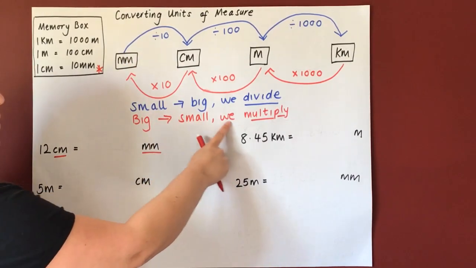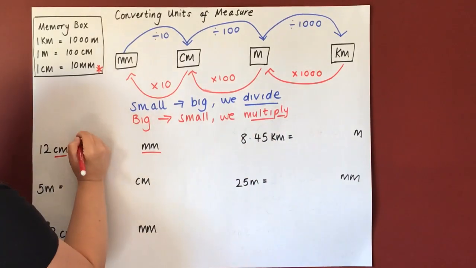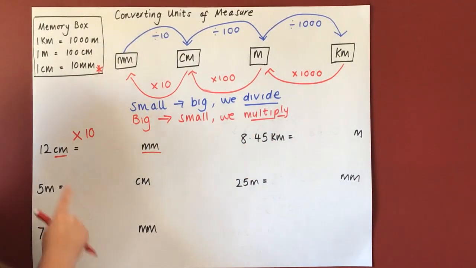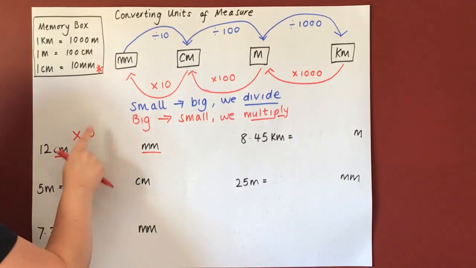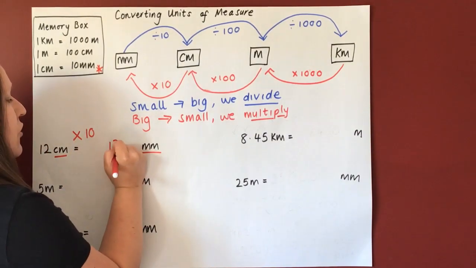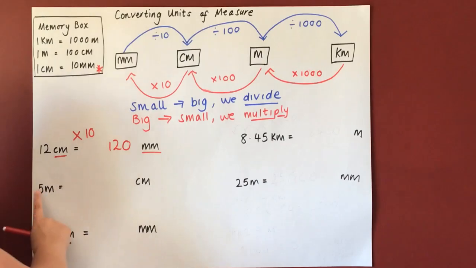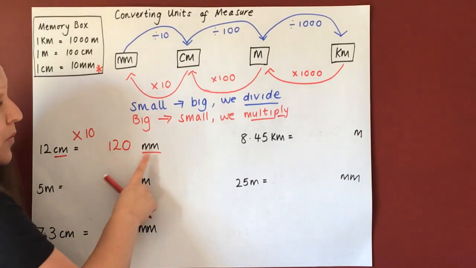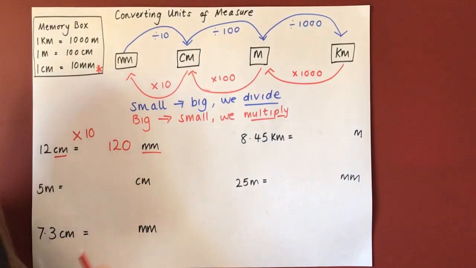Big to small we multiply. So I put my times 10 above, so 12 times 10 is 120. So 12 centimetres converted to millimetres would be 120.